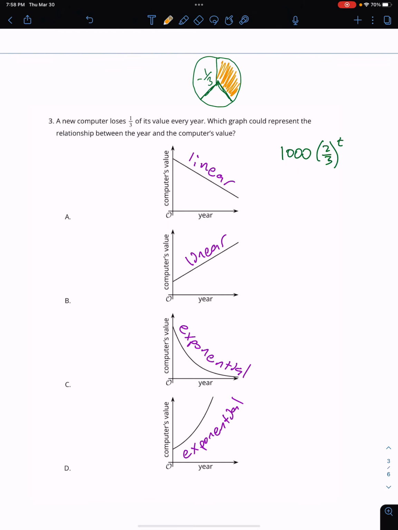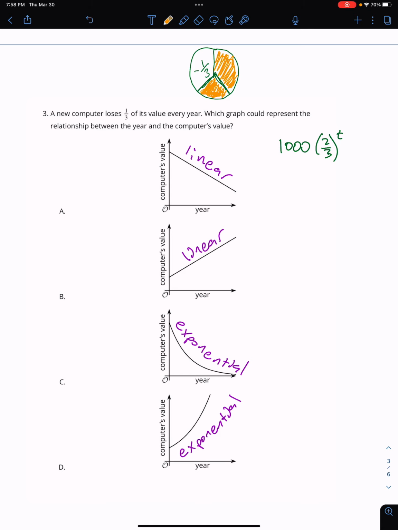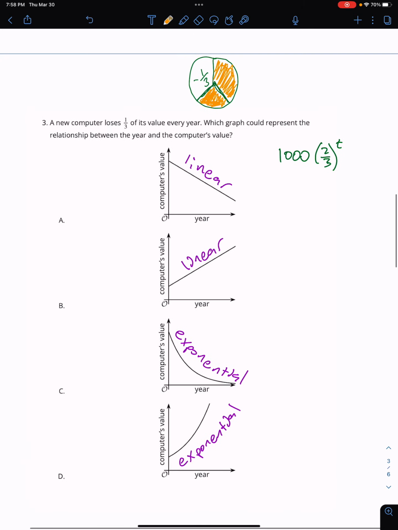I still got 2 slices out of the 3 of my pizza because one of them got eaten. They took away 1/3 of my value of this computer. So guess what? I got left 2/3. So each year we're going to multiply by 2/3. But we're not too worried about that. You just need to realize that this computer is decreasing in value. It's going down.